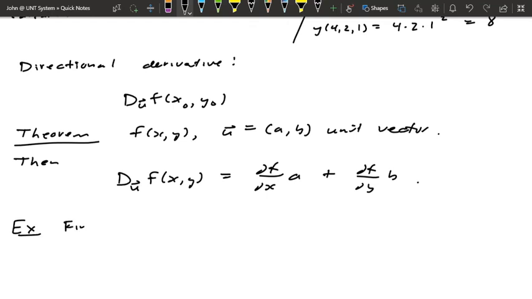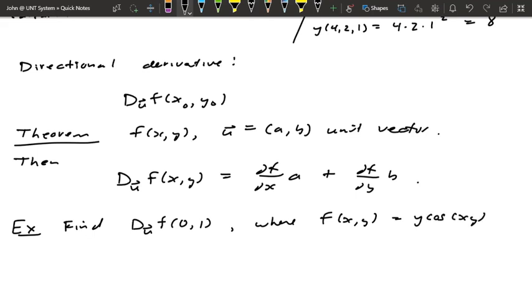Let's find the directional derivative of f at 0, 1, where f is the function y times cosine xy, and u is the vector which makes angle pi over 4 with the positive x-axis.